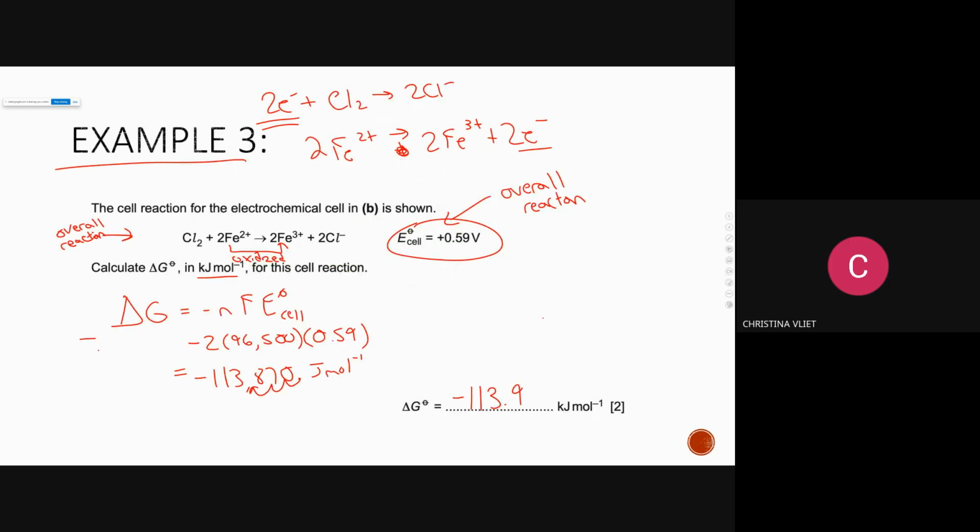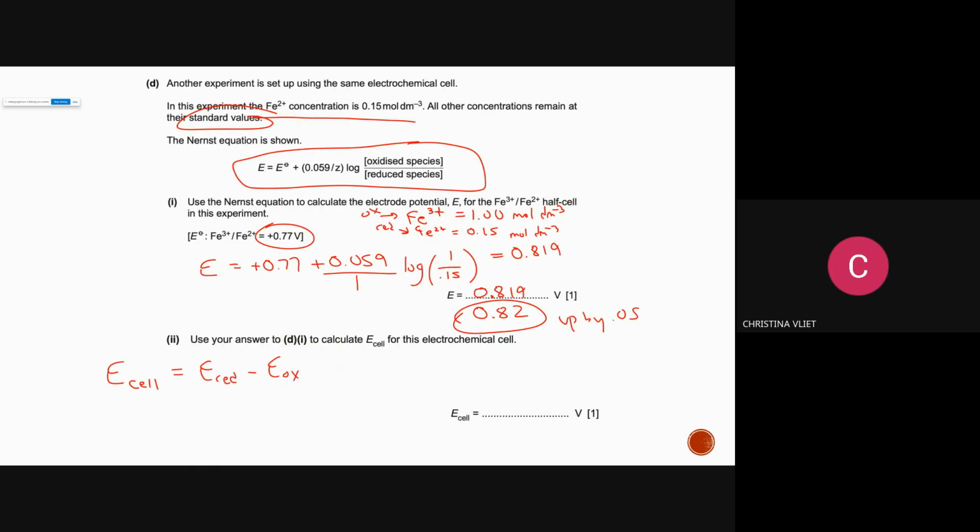Iron you have right here is being oxidized, which means if this goes up by 0.05, you're actually subtracting an additional 0.05. Does that make sense? Because this is being oxidized. So if this changes from 0.77 to 0.82, instead of subtracting by 0.77 to get 0.59, you're now subtracting by 0.82. How would that affect this answer?